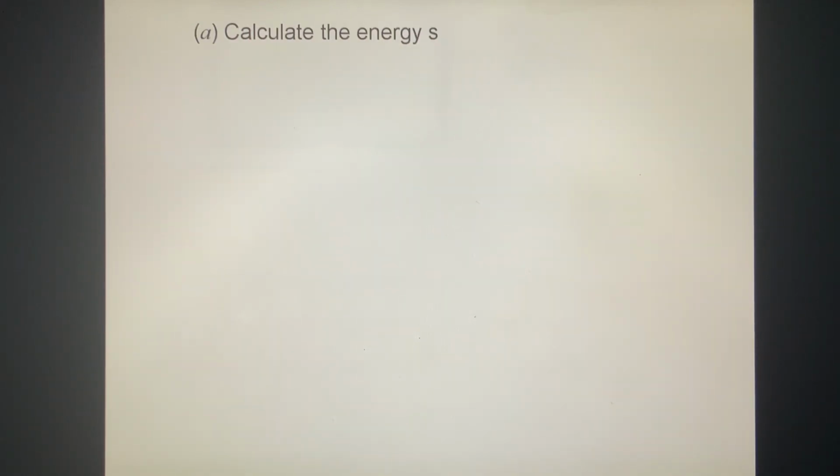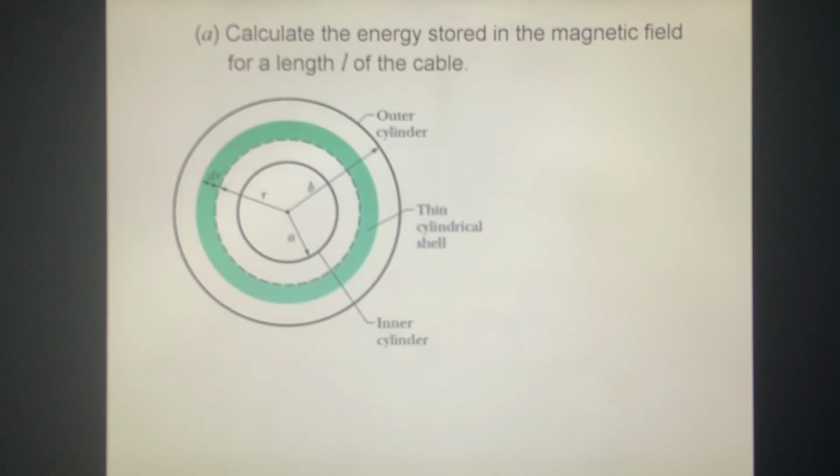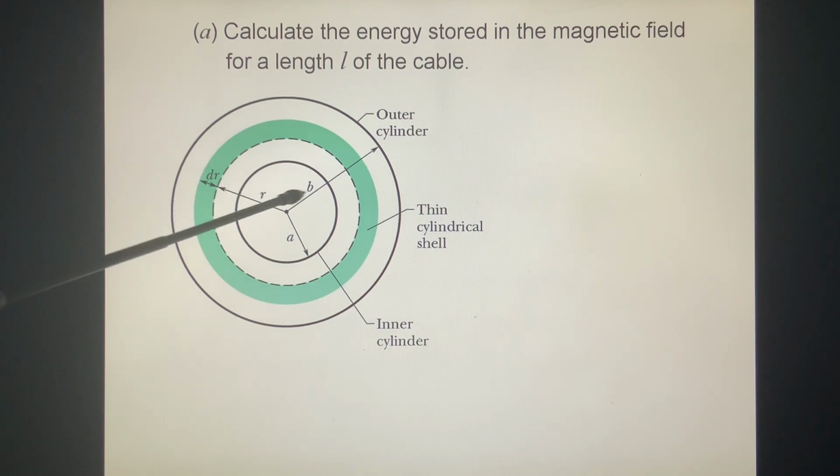Question A: calculate the energy stored in the magnetic field for a length L of the cable. Now, we want to find the energy stored in the cable. The length is L. First, we find the magnetic field. How do we find it?